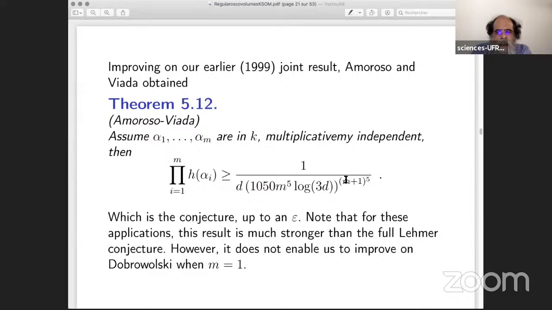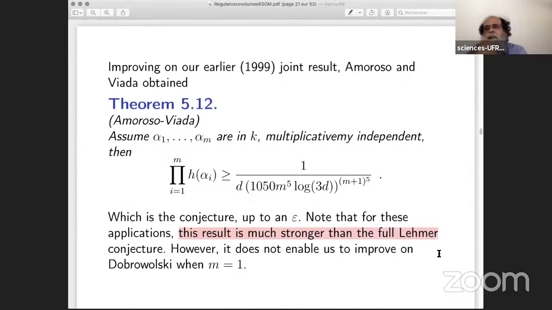They simplified that by using an argument somewhat reminiscent of what was done in the arithmetic lemma, by using an arithmetic tool. Instead of working with the classical Siegel lemma, they worked with arithmetic Bezout inequalities.